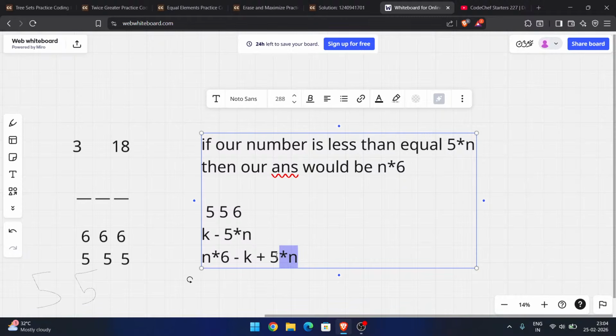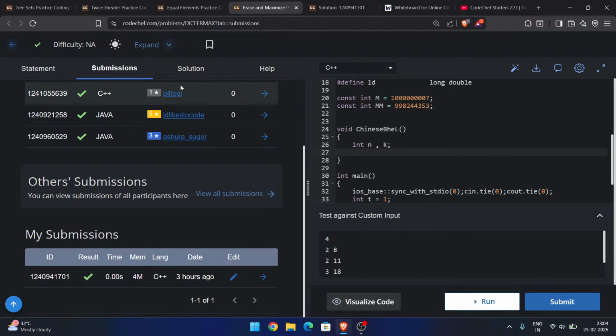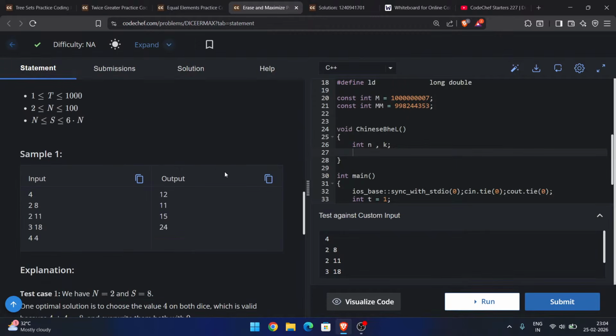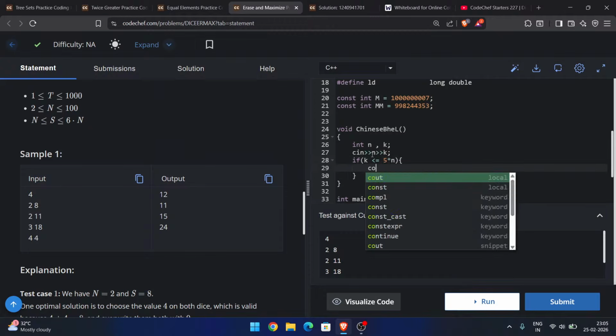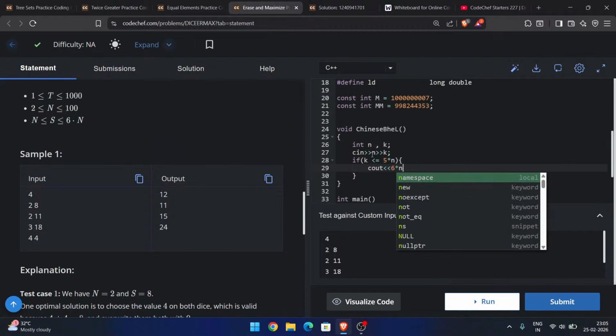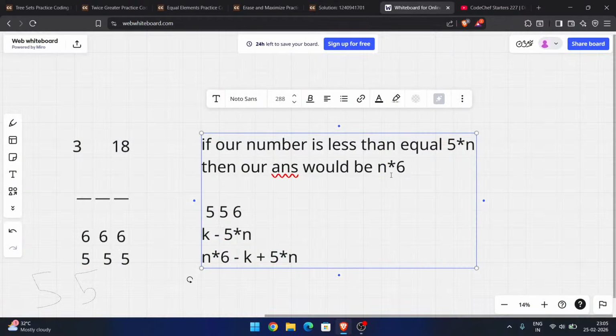If I simply write this one condition, if we take both the inputs, now if k is less than or equal to 5 into n, that is, we can take every element as 6, then we would have simply outputted 6 into n. That was it. But if k was greater than 5 into n, then as I said, we have to sacrifice some of our sixes.